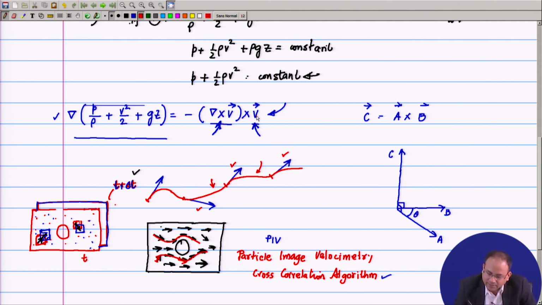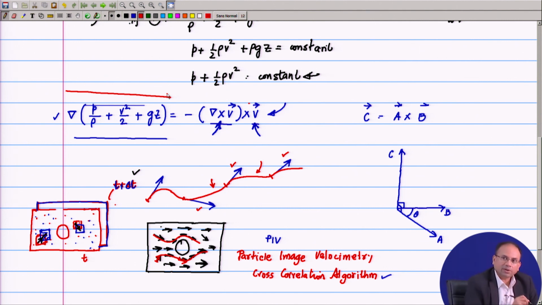Now, see what is happening here. So, this thing is perpendicular to the velocity vector, hence it is perpendicular to the streamline direction as well. Okay. So, this gradient vector is actually perpendicular to the streamline direction.